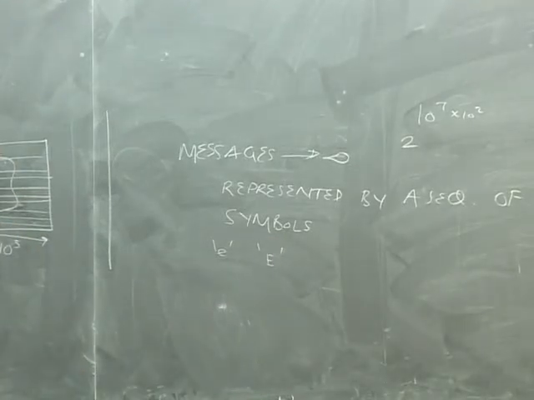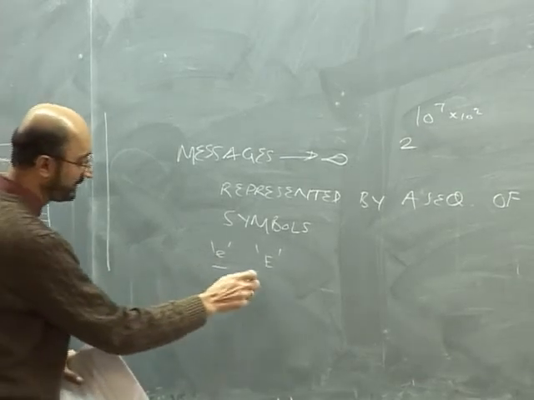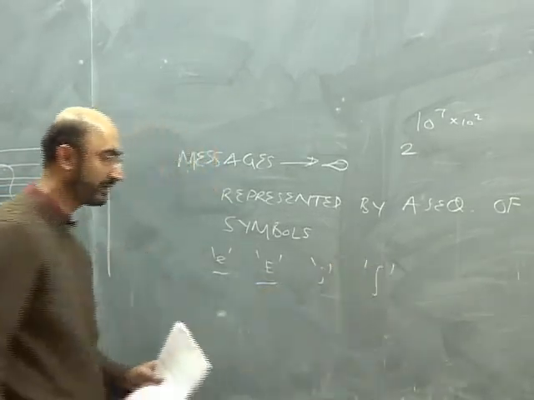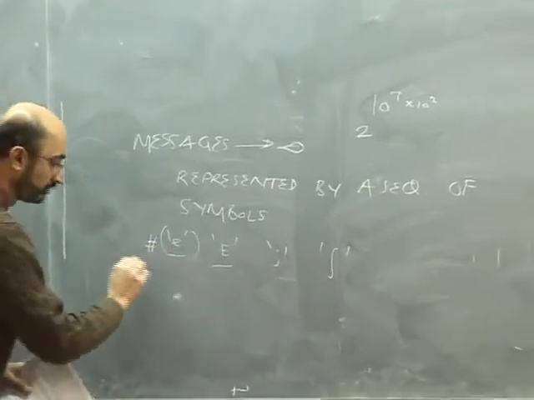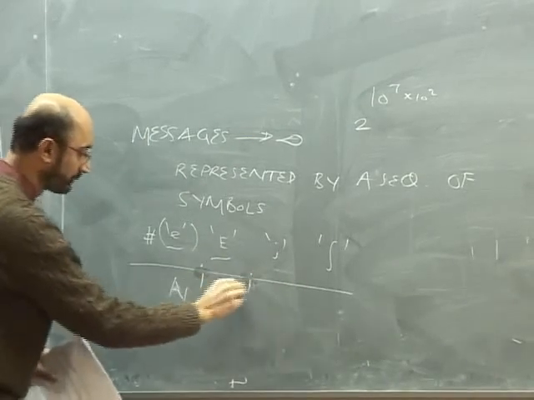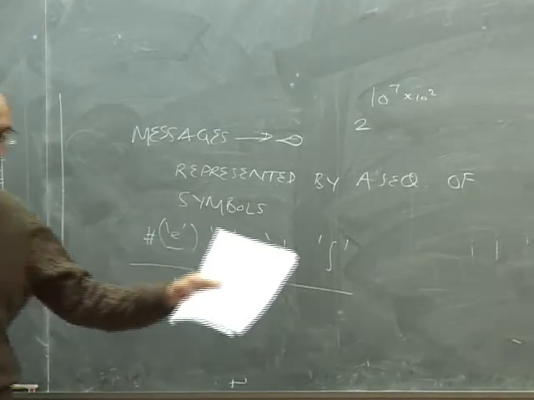And if I look at the total number of characters in a representative set of books, so I go to the Davis Central Library, I take all the books, and I just find out how many times the letter E shows up, and how often capital E shows up, and how often the punctuation shows up, how often the integral sign shows up, etc. And I divide it by the total number n. So this is basically the probability of the letter small e. I can find the probability of letter capital E, probability of semicolon, probability of integral sign, etc.